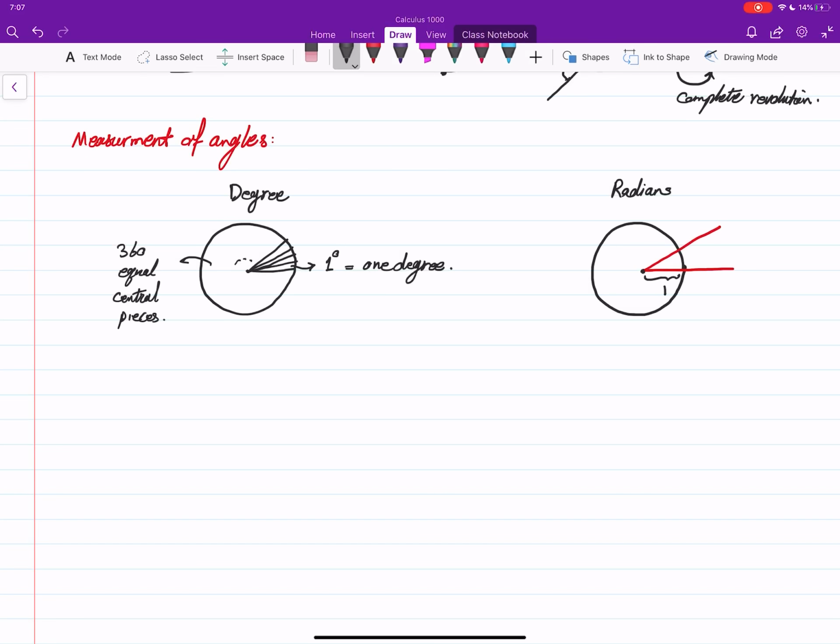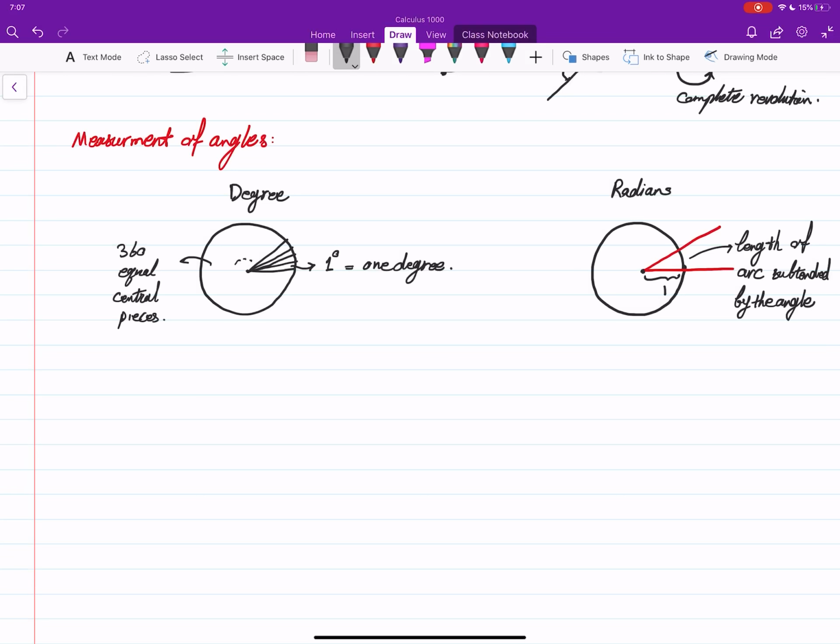When you set the angle in that way, the length of the arc subtended by this angle is the measurement in radian.